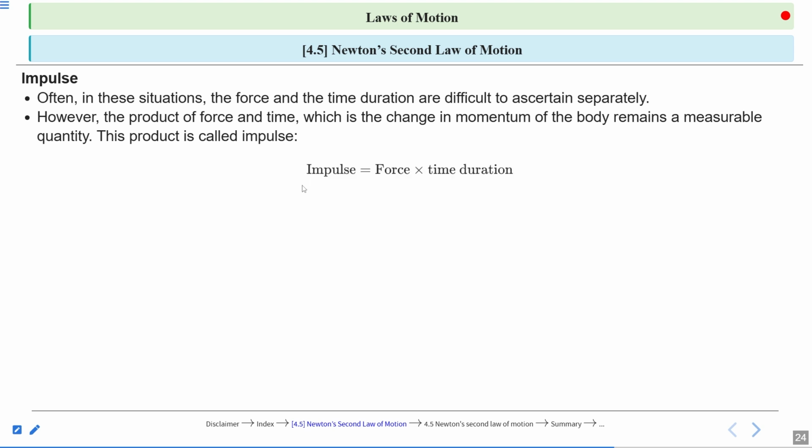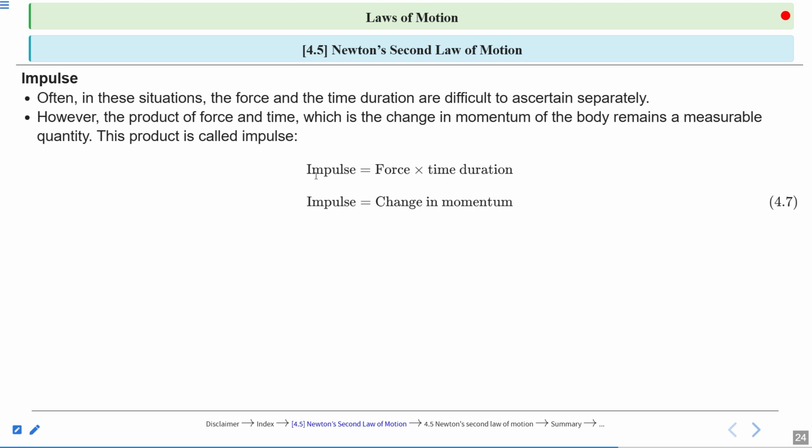So impulse is equal to force into time duration. When we hit a stone to the ground or to a wall, in that case, the exerted force and time duration, the product of these quantities is equal to impulse. Impulse is equal to change in momentum, final momentum minus initial momentum.